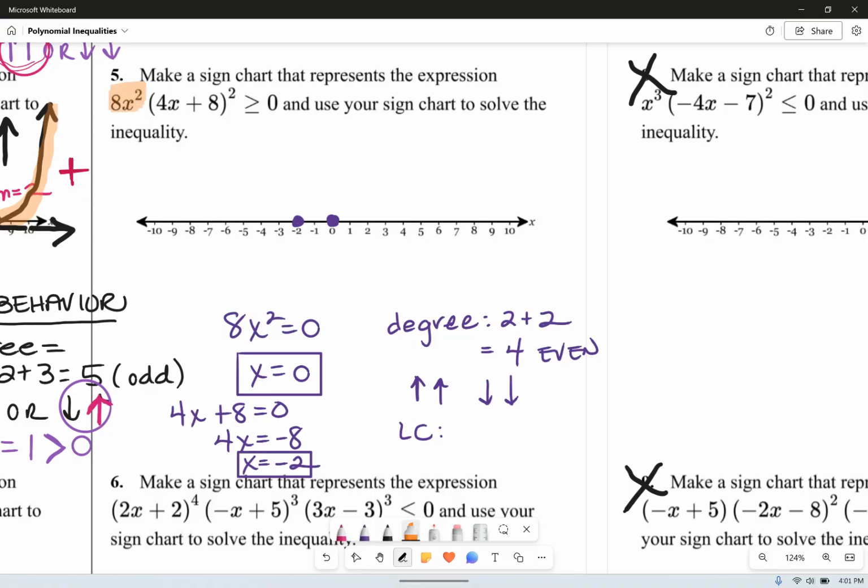Our LC is right here at the front with the x squared. It is a positive 8. So since our LC is greater than 0, we know that your answer has to be both facing up. So far, so good?